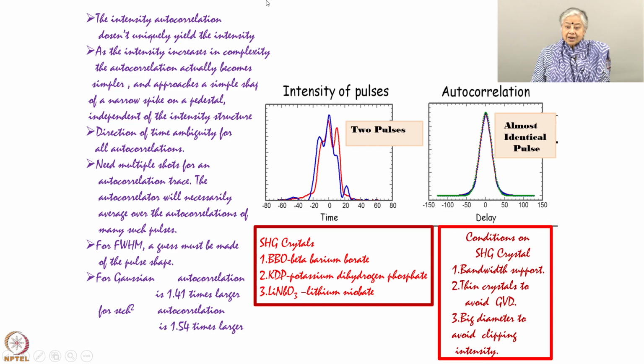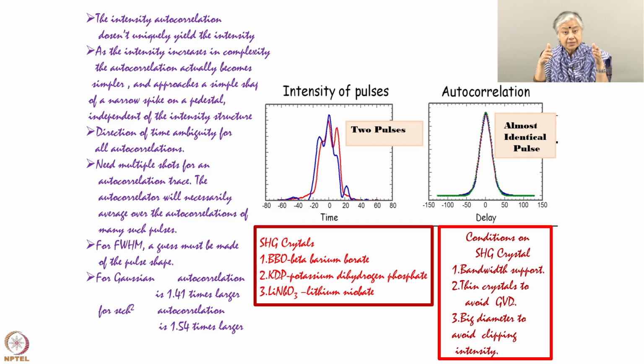There are certain conditions on the second harmonic generation crystal. It does not work out just that easily. The second harmonic generation crystal should support that bandwidth. Ultra short pulses means bandwidth is very large. So, your second harmonic generation crystal should support that, in the sense that for each of those frequencies it should be able to create double frequency.